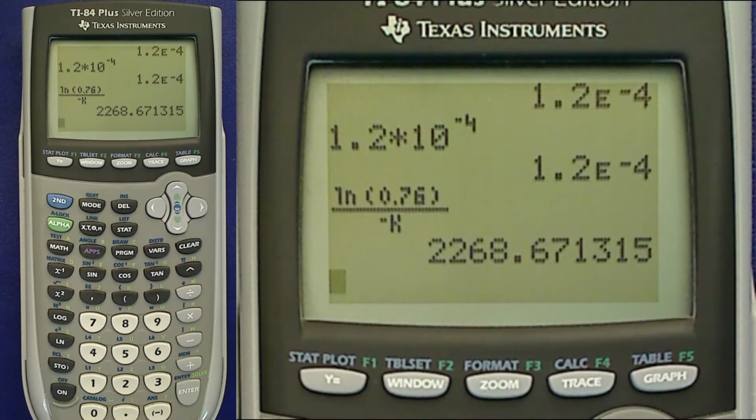And there we go. 2,268.67 years. Now, I wouldn't expect for that to be really that precise. There's always some uncertainty, but this is a reasonable calculation given the information that we have.